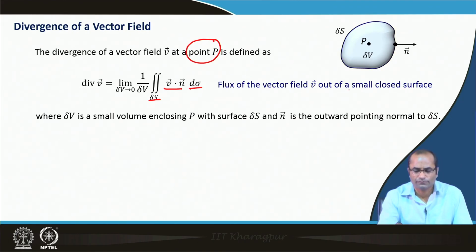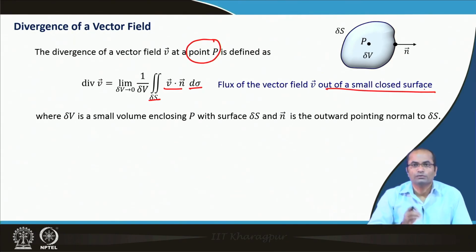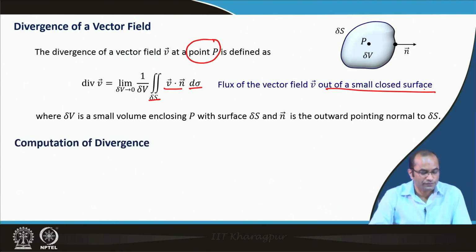So, it can be considered as the flux of the vector field out of a small closed surface around a point P. We will go into the detail a bit more about this physical interpretation and the evaluation of such vector fields.